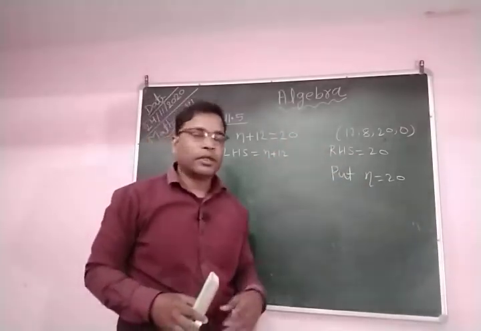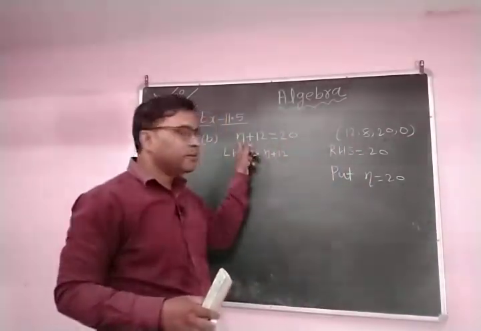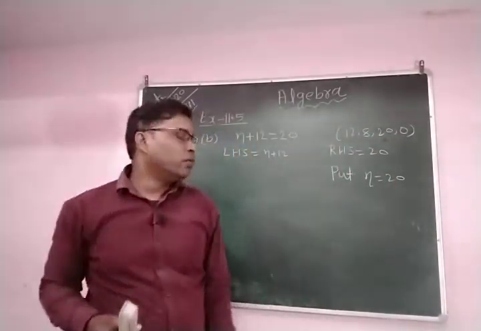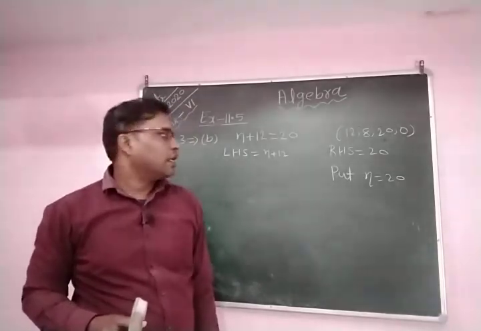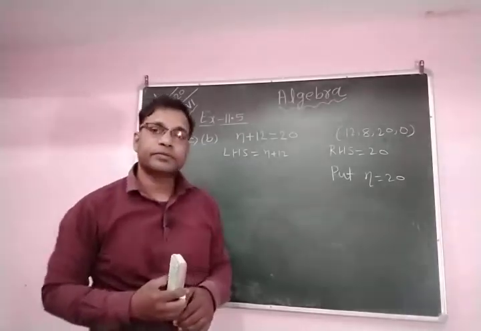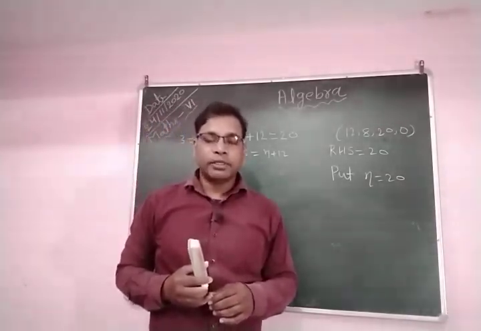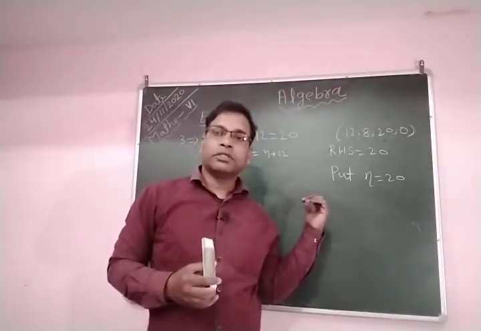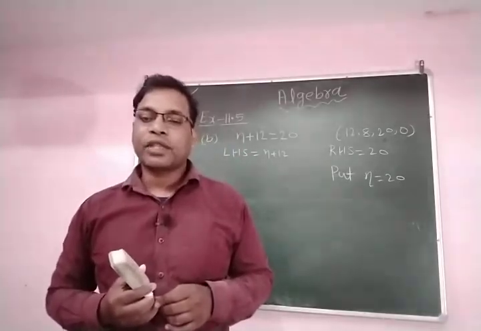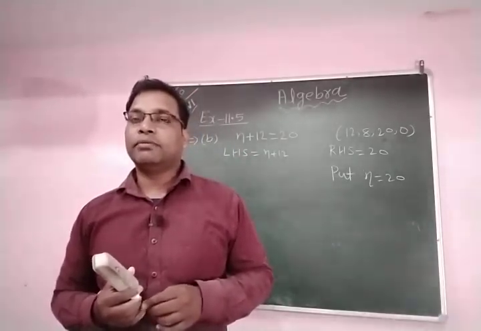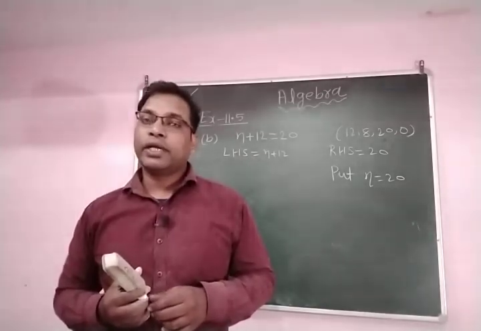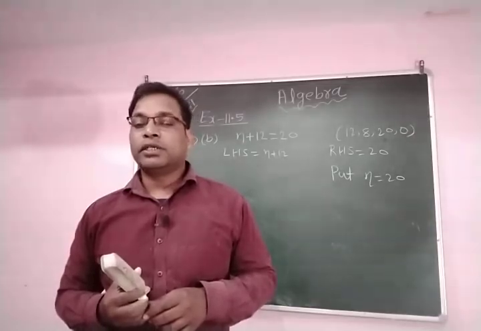And n is a variable, and the values of this variable are given in the bracket. We choose these values one by one, and if at that value the left hand side is equal to the right hand side, then you can say that n is equal to that value is a solution of the given equation, because in this question it is given to pick out the solution from the values given in the bracket next to each equation, so that the other values do not satisfy the equation.